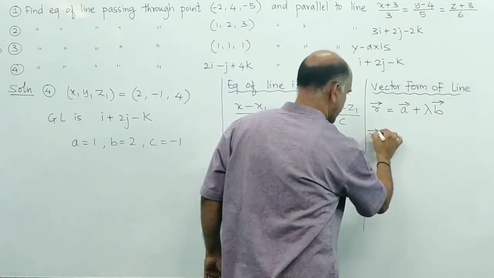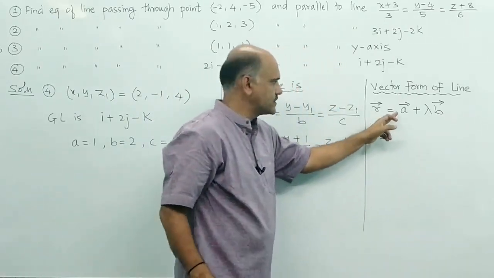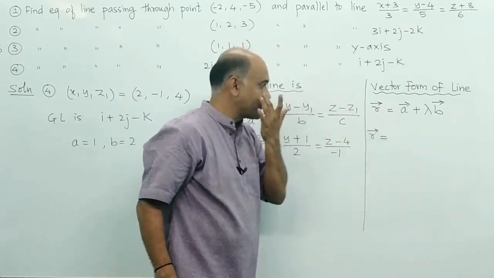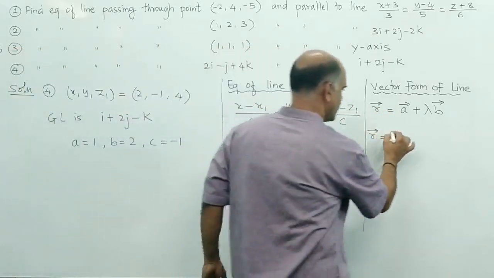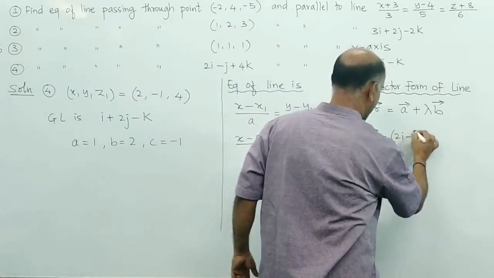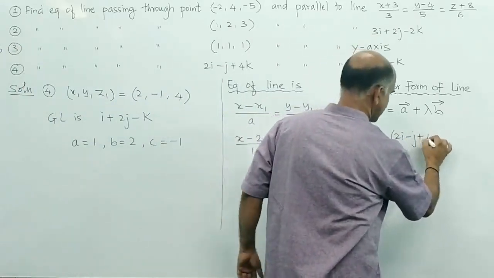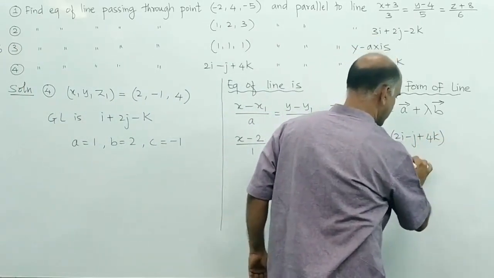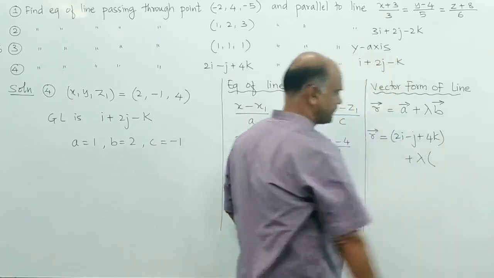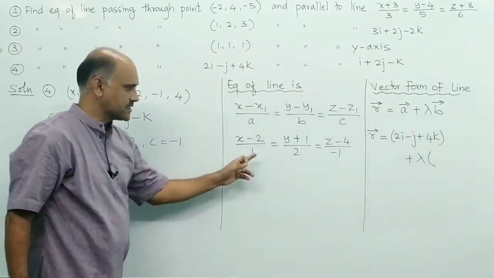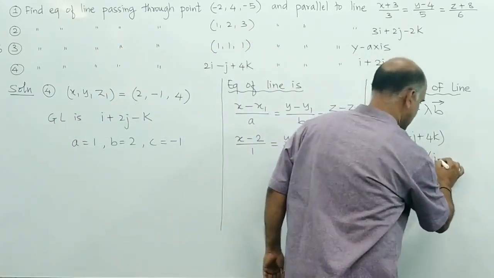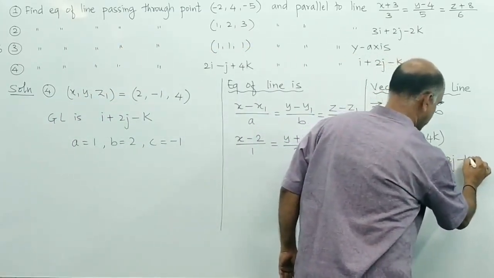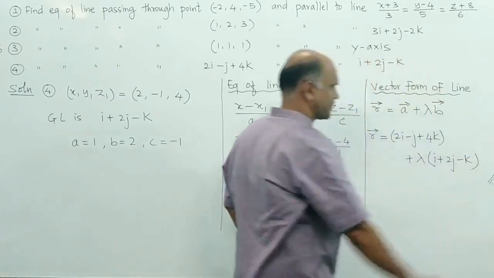So r = a, where a denotes x1, y1, z1 in vector form. So you will have 2i minus j plus 4k plus lambda into bracket. b denotes the direction ratios 1, 2, -1, so i plus 2j minus k. So this is the vector form.